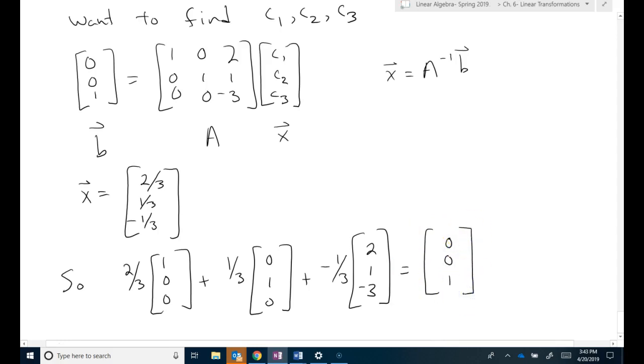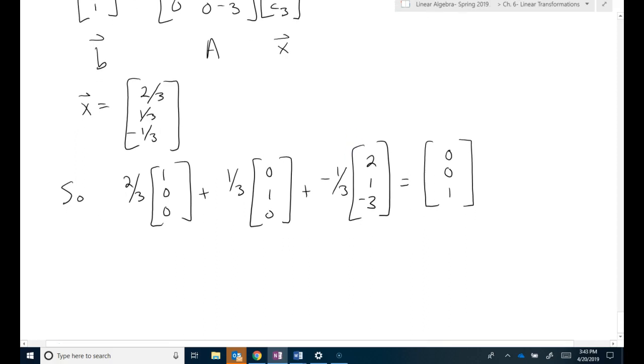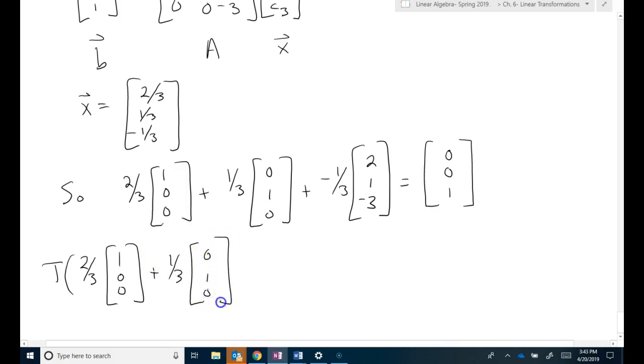Well, here's the question: why does this help us? The reason is that T of 2/3 (1, 0, 0) plus 1/3 (0, 1, 0) plus -1/3 (2, 1, -3) will equal T of (0, 0, 1), which is what we need.